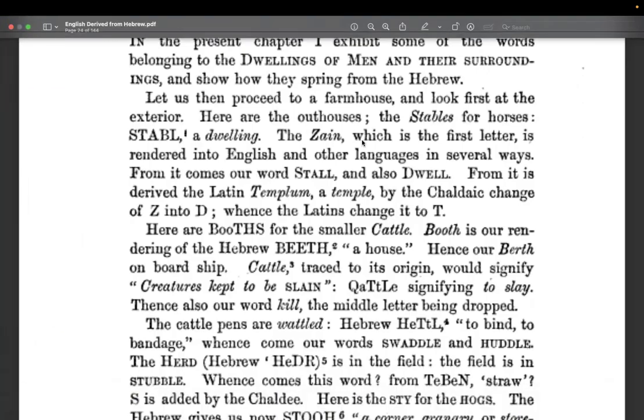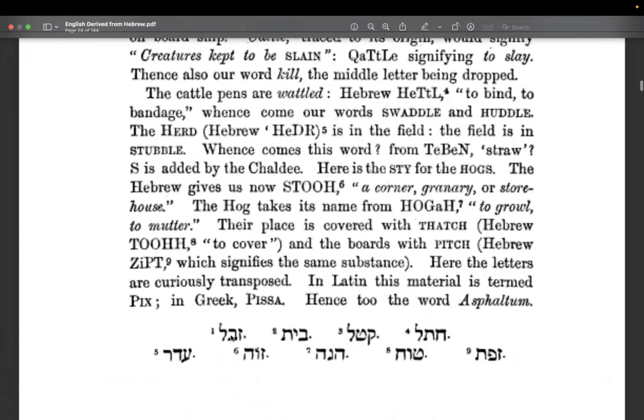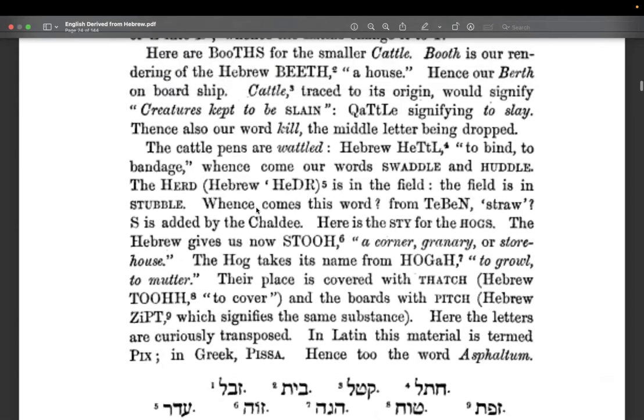The Zion, which is the first letter, is rendered into English and other languages in several ways. It comes to our word, or it from it, this word right here, which is Zion Bet Lamed Zabal.